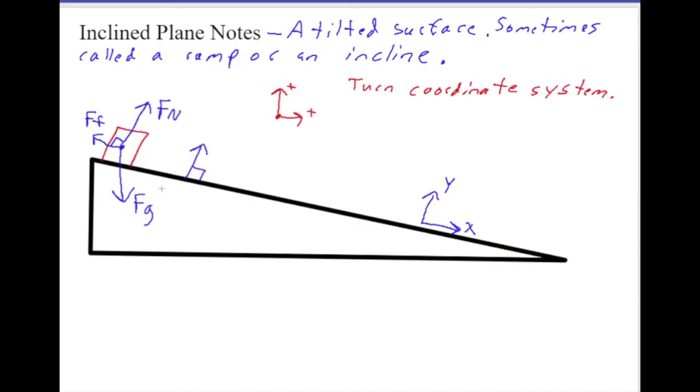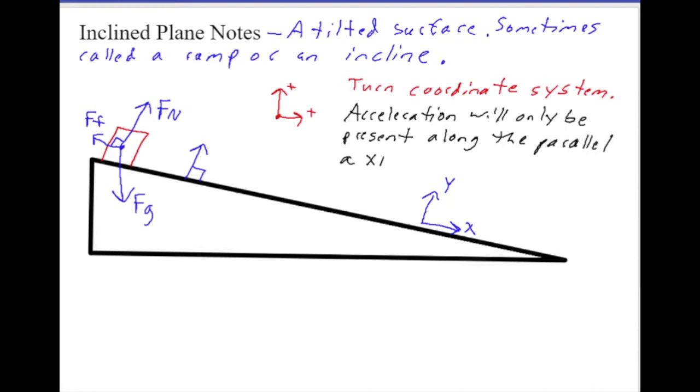The only force that is going to be a combination of both the x and y now is force gravity. Something important to note about this coordinate system is that if there is acceleration, it's only going to be along the parallel axis of the incline. In other words, we are only going to accelerate in the x direction when we have an inclined plane.